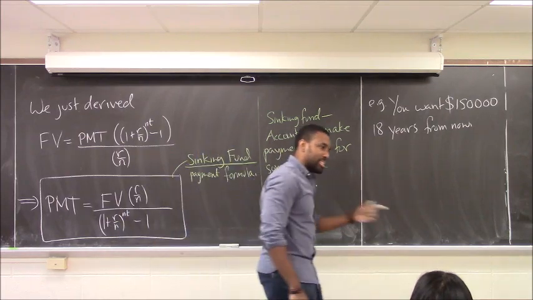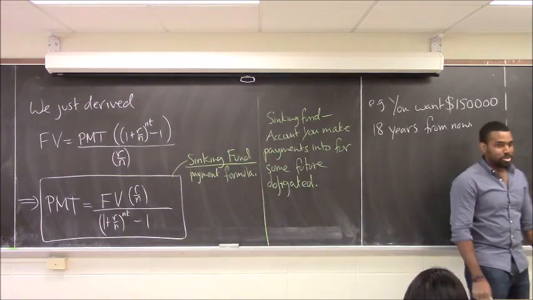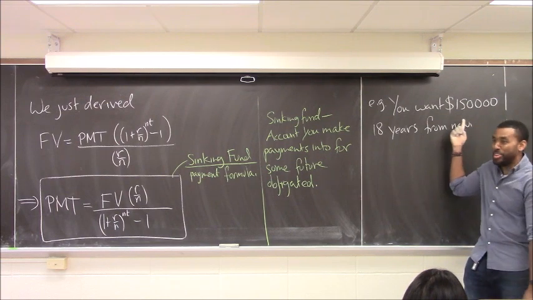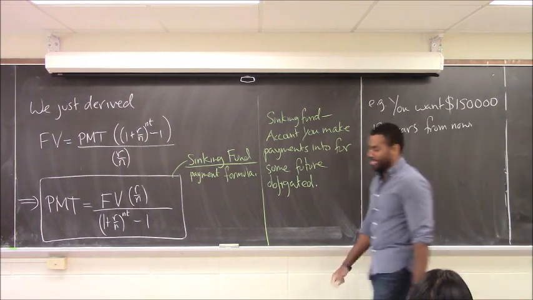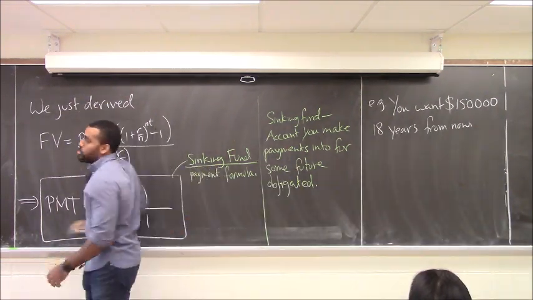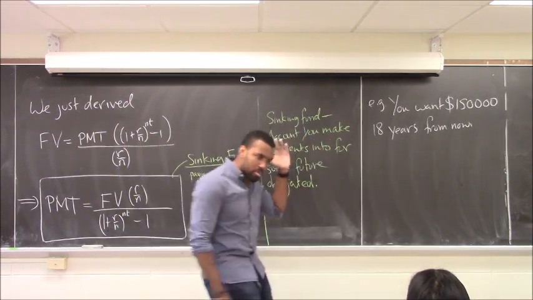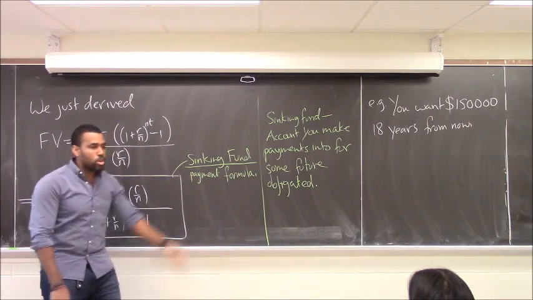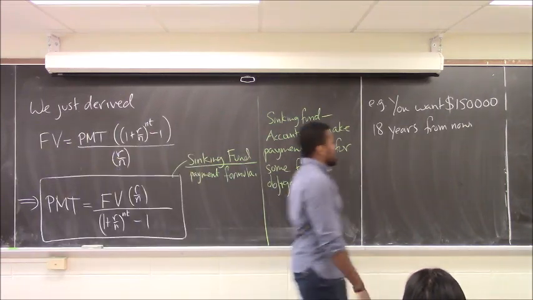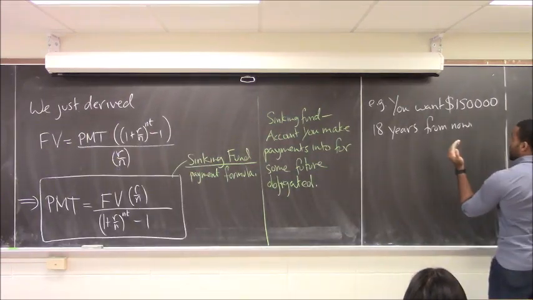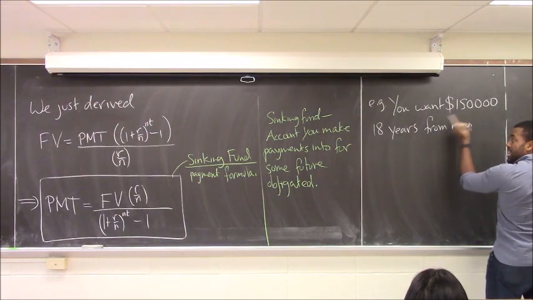I'm gonna save up some money to send this kid to college 18 years from now, and I'm hoping that will do it. Like the way that tuition fees are, I don't know. But let's pretend that's what you did in your mind. You know what? On my kid's 18th birthday, I want to give him $150,000 and say, go to college and study, dude. Be better than me. So you have that goal 18 years from now.